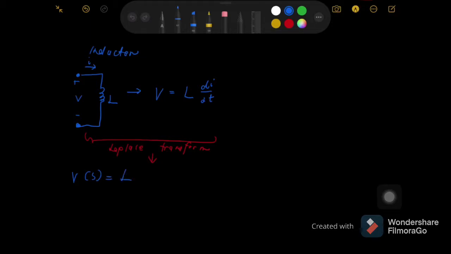Once we take the Laplace transform of V in the time domain, we get V(s) equals L[s I(s) minus i(0)].